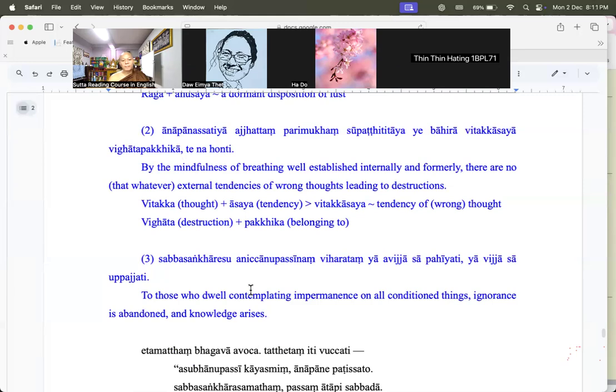So mindfulness of the breathing is well established internally and in front, when people focus on the tip of the nose in order to be well mindful of breathing in and out. And so there is no external tendency of wrong thoughts leading to destruction.